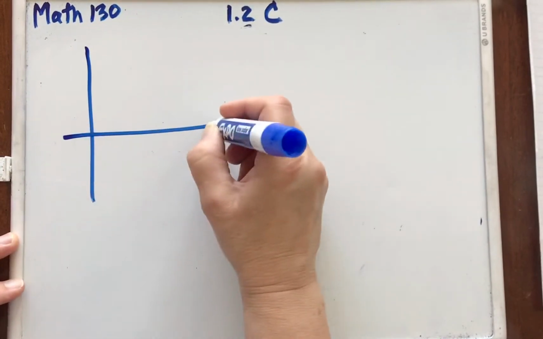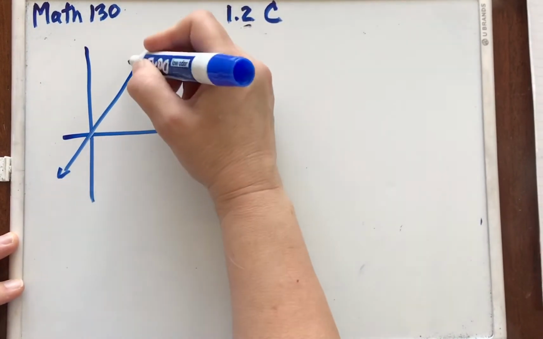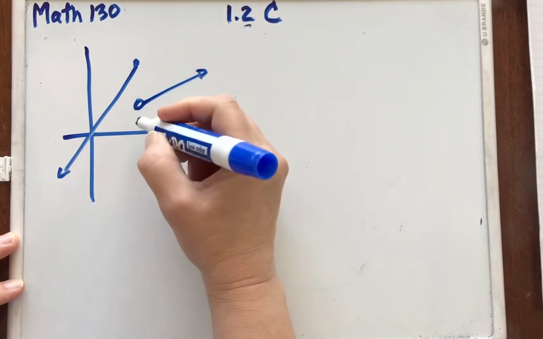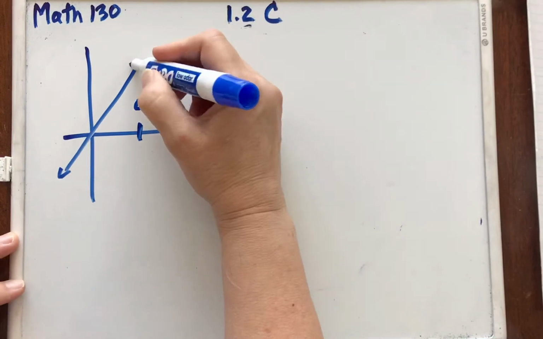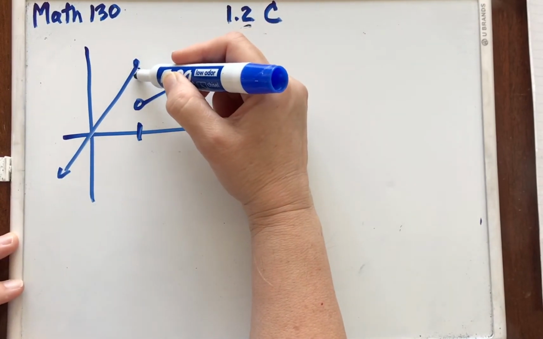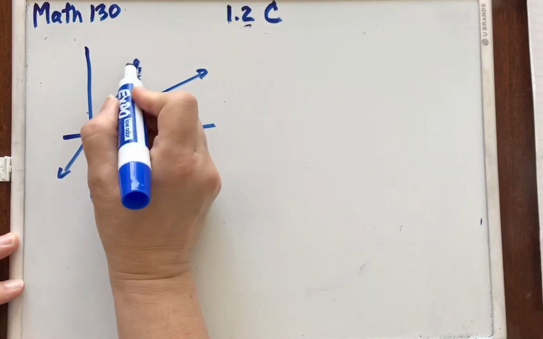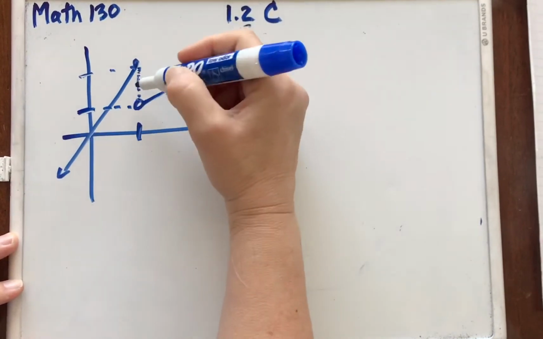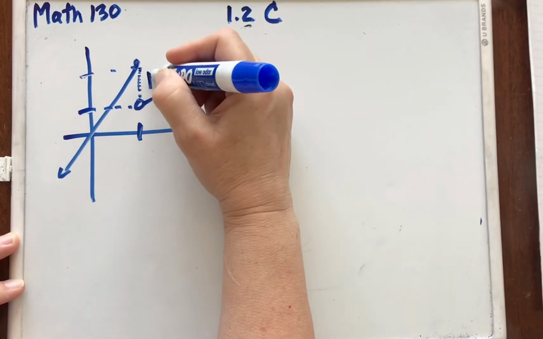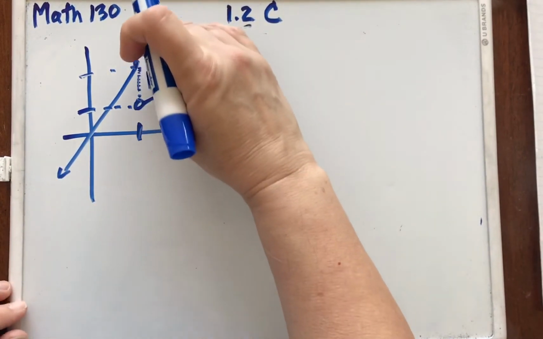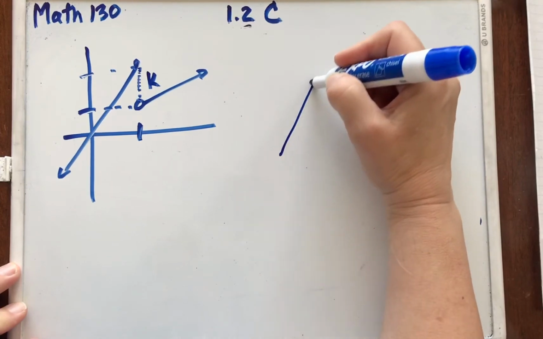That's okay, I'll just do a quick thing here. Okay, we have an open hole here. Okay, so notice, what is the difference right here? If we were to count from here to here, this space right here, we're going to call that k because we don't know what that difference is. But what if we lifted this whole thing up k units?